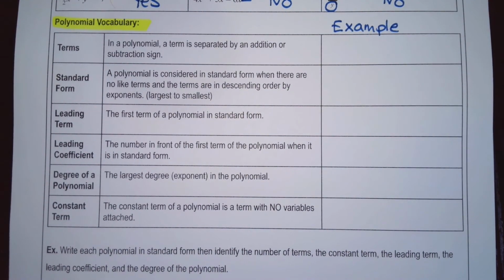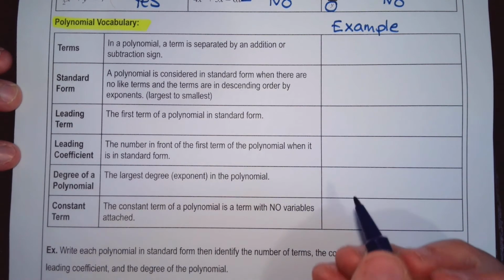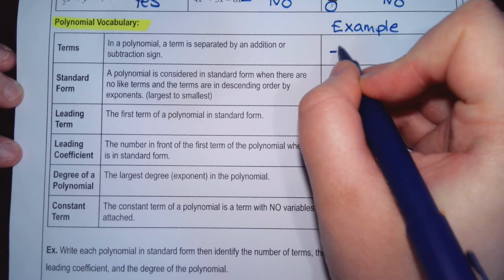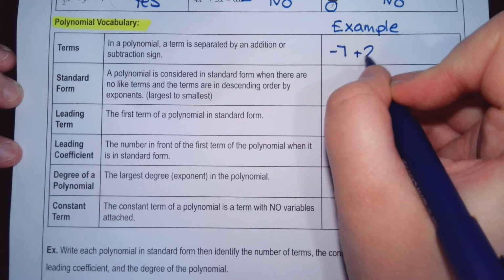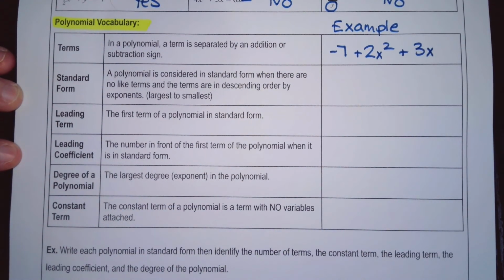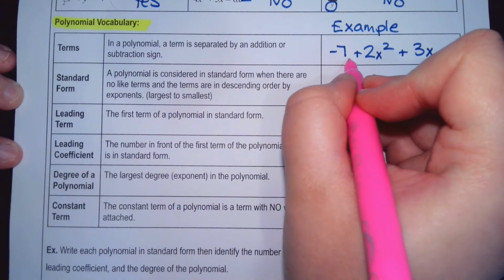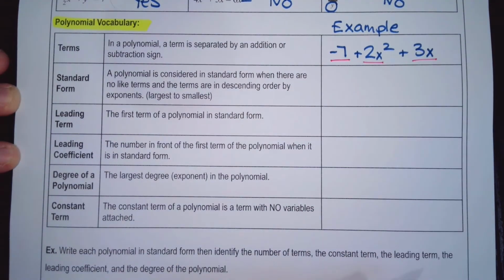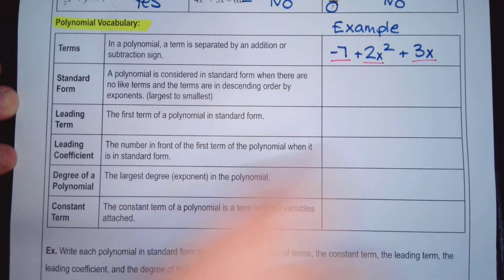The first vocabulary word is terms. In a polynomial, a term is separated by an addition or subtraction sign. Here I have negative 7 plus 2x squared plus 3x. We would count each of these, separated by a plus sign, as a term. So that's 1, 2, 3 terms.